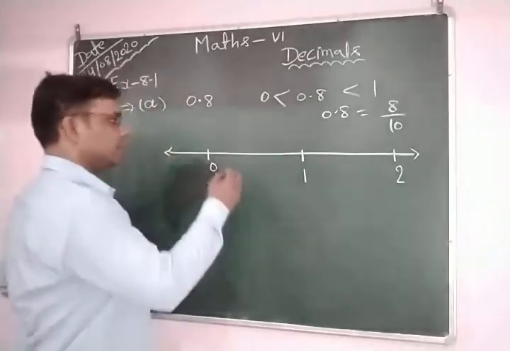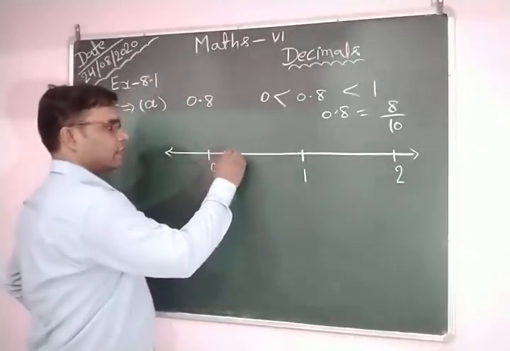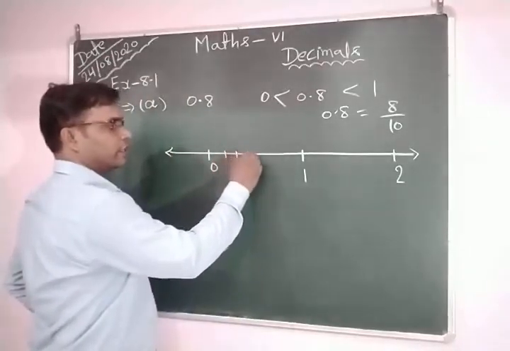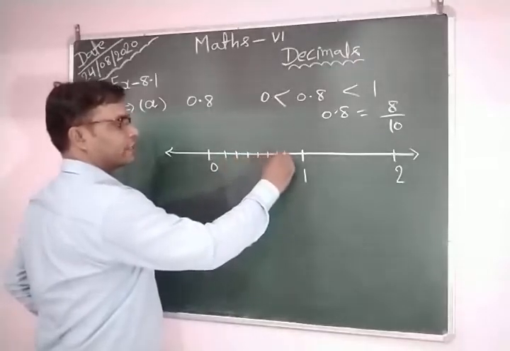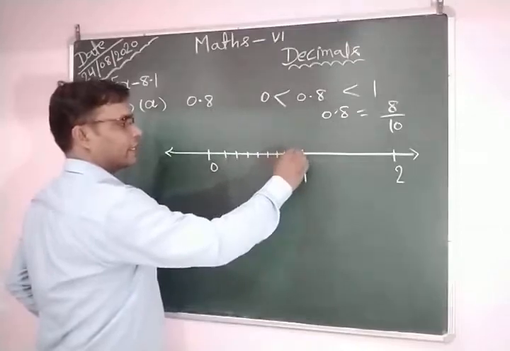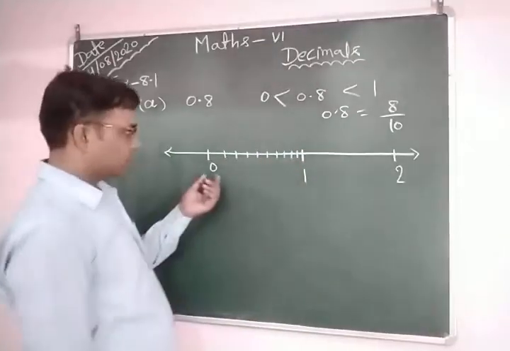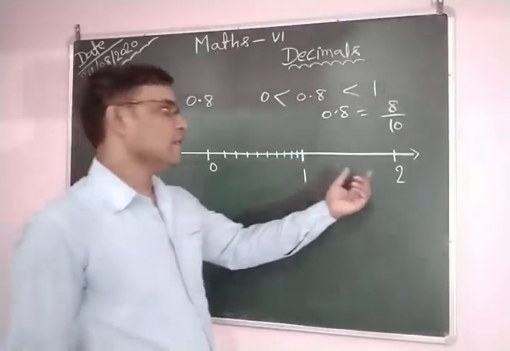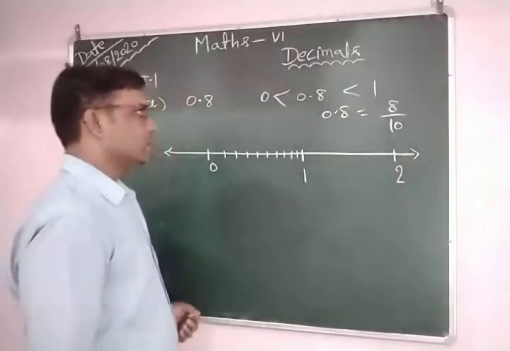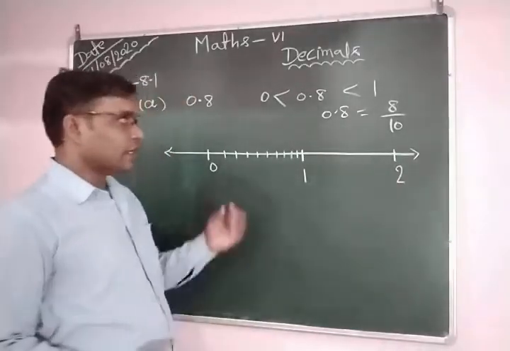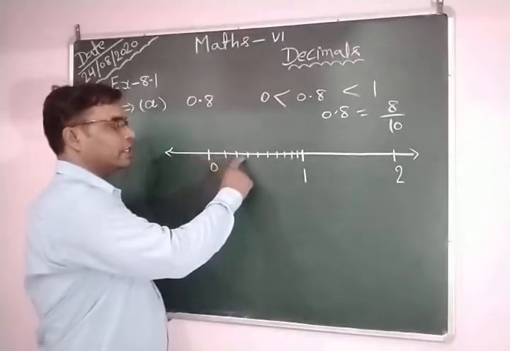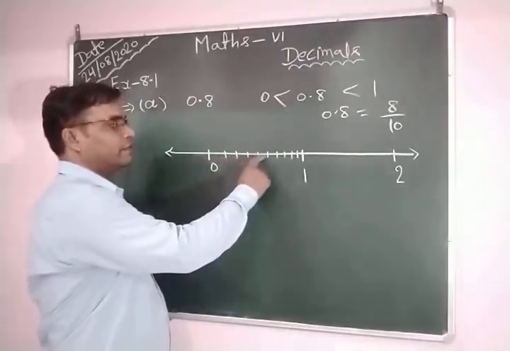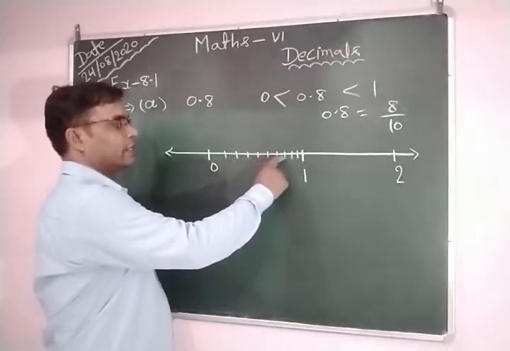So let's see. This is 1 2 3 4 5 6 7 8 9 10. This is 0, this is 1, this is 2. Okay, so we take 8 parts. 1 2 3 4 5 6 7 8.